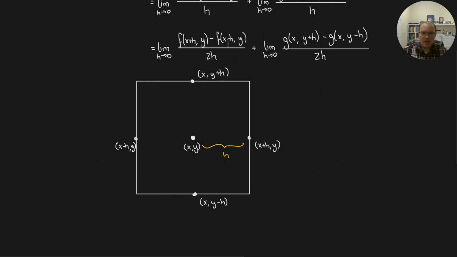So what each of these functions is doing is telling me how the vector field is changing at that point. Here I'm looking at f of x plus h comma y. It's function f, so it's measuring the x component of the vector field.